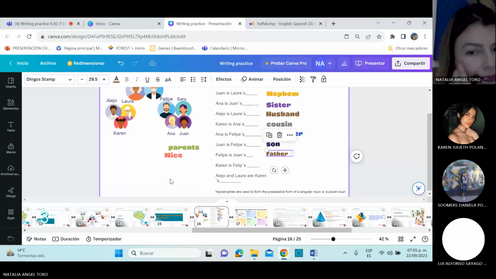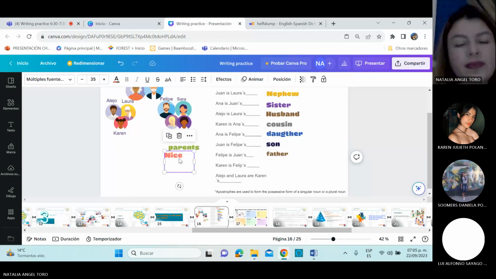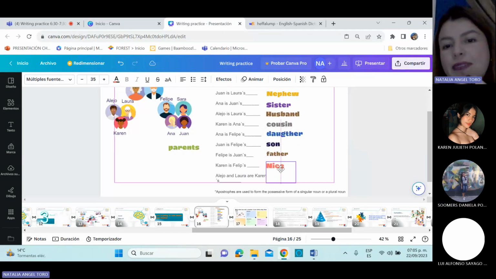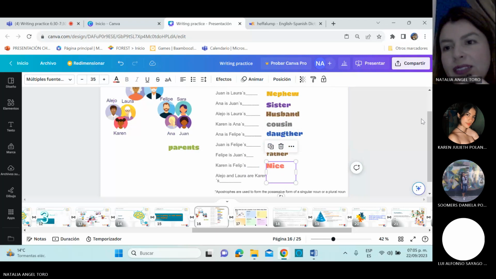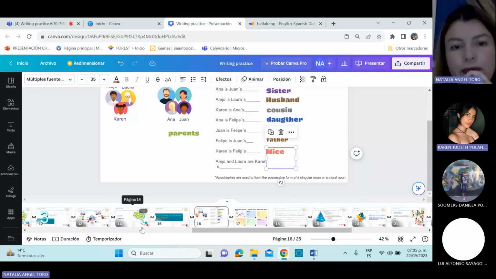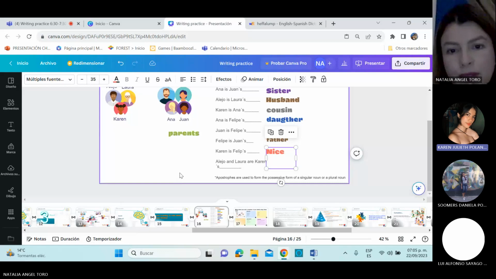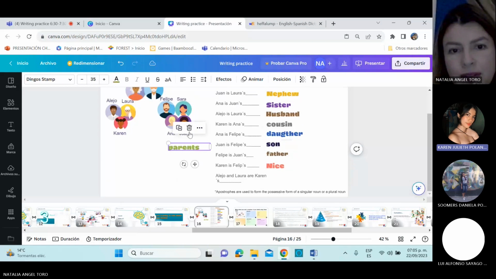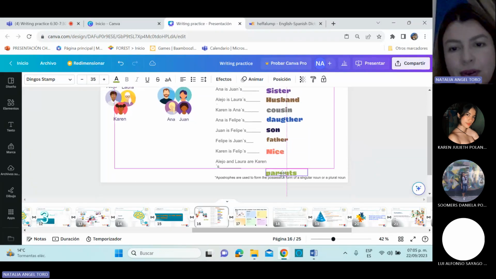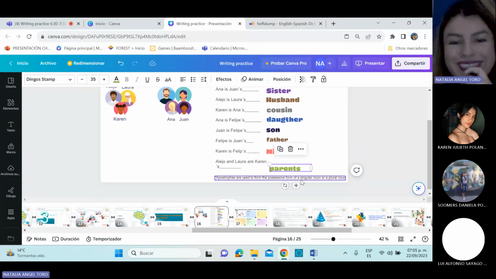Summers. Karen is Felipe's niece. Very good. And finally, okay, finally. Alejo and Laura are Karen's parents. Excellent. Very good.